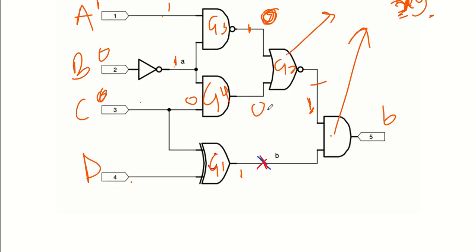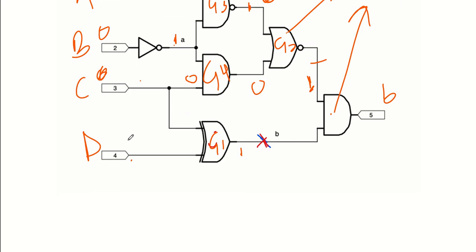And now you realize that we come back to the very crucial step. If C always has to be 0, such that when it passes through this gate, it produces a 1. This gate is an XOR gate, so it does something like C bar D plus C D bar.